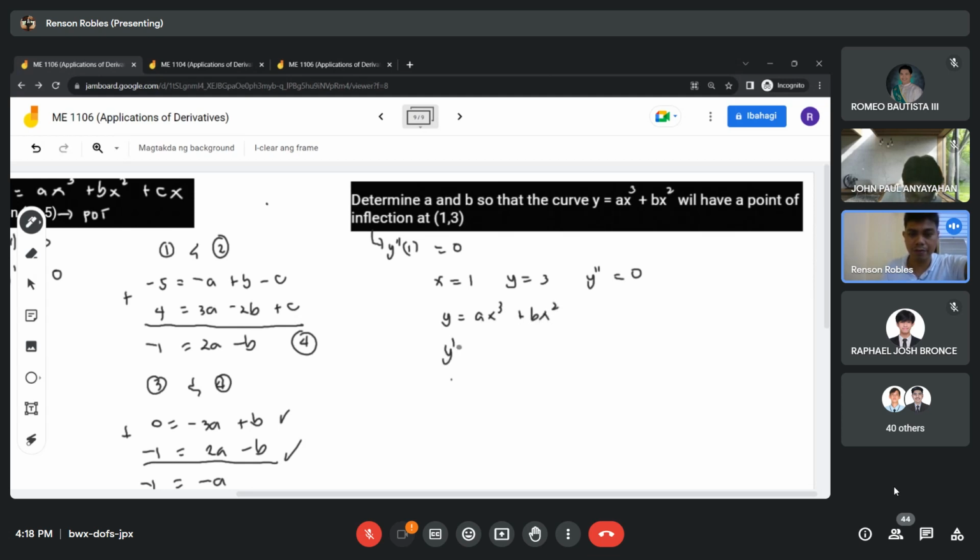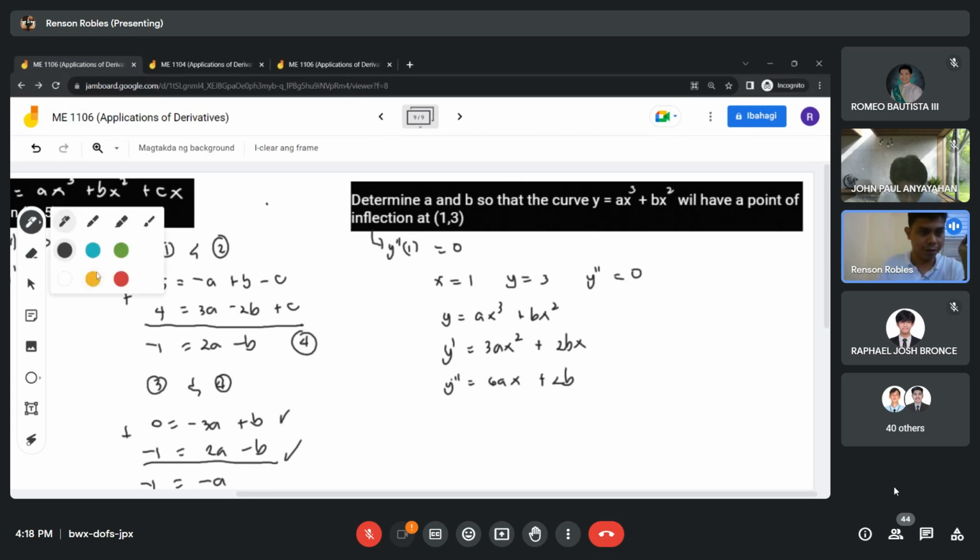And then y prime is 3ax squared plus 2bx. And then y double prime is 6ax plus 2b. And then gawa kayo ng tatlong equation. Hindi pala, dalawang equation lang kasi hindi nyo nagagamitin tong y prime. You will only be using this and this.